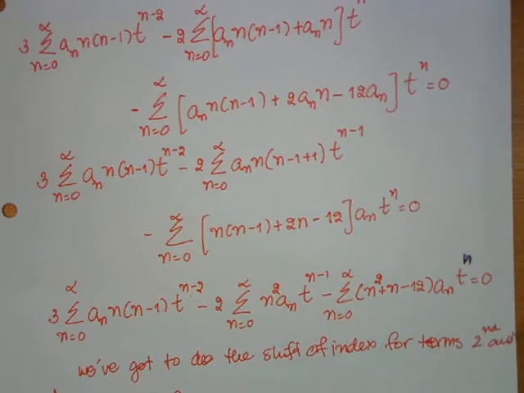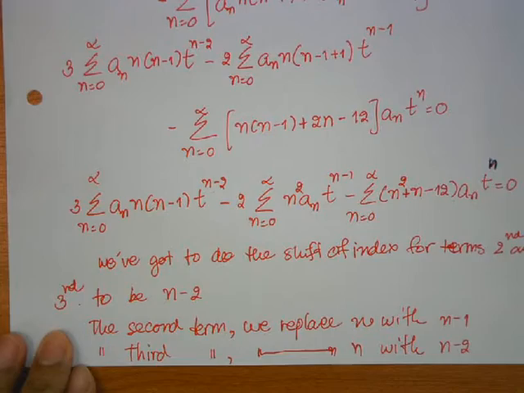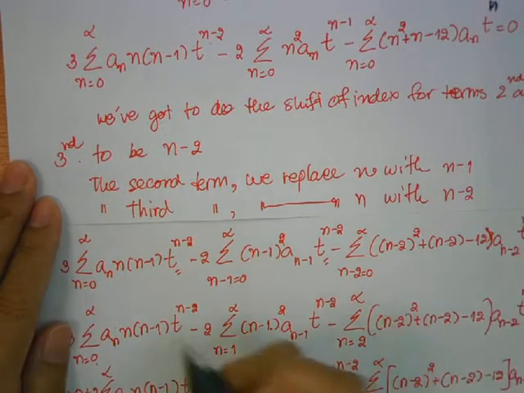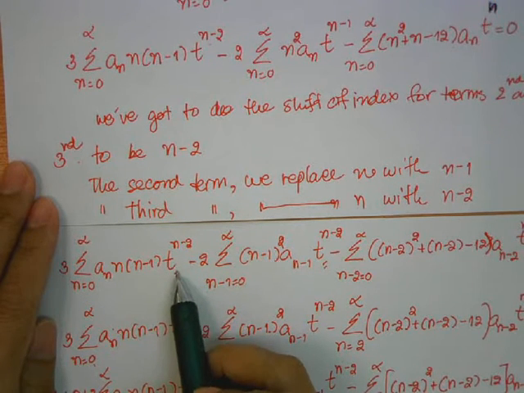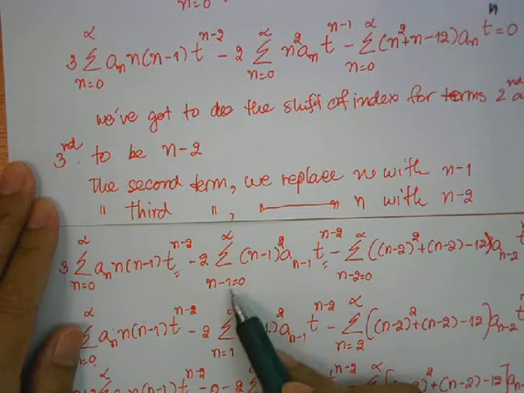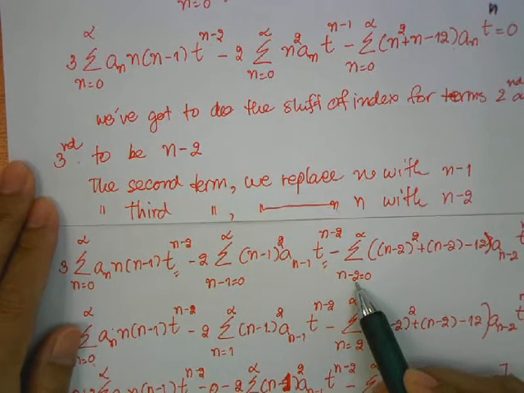Then we do the shift of summation. Here we go. The first term you don't need to do anything because you already have the term of t to the power of n minus 2. For the second term you replace n with n minus 1, and for the third term you replace n with n minus 2.